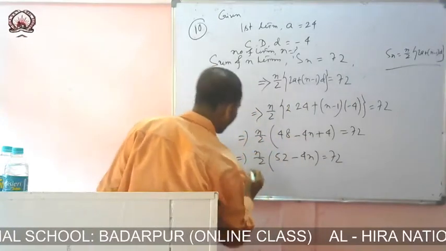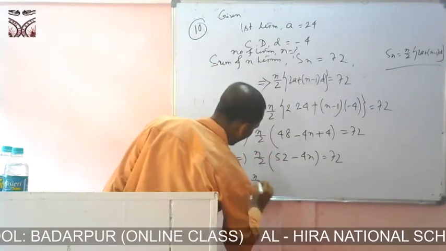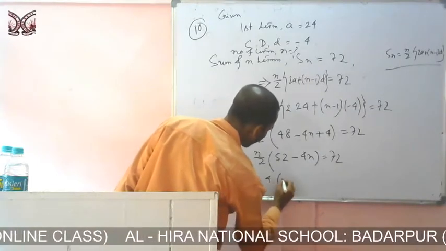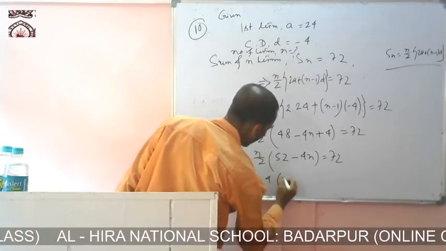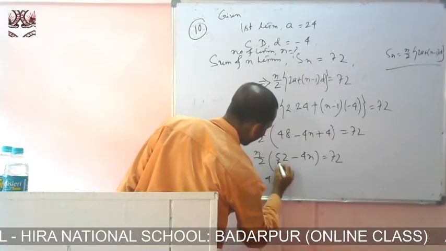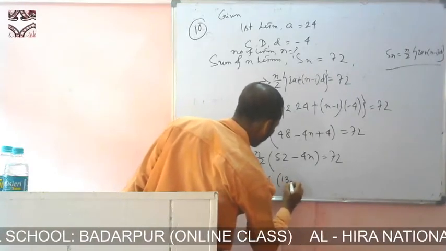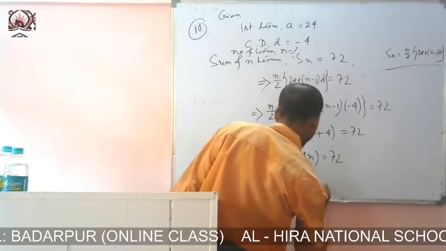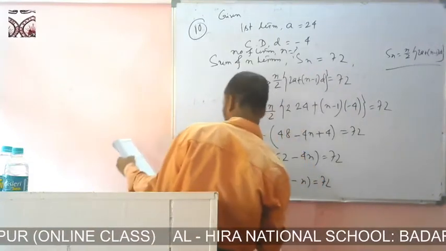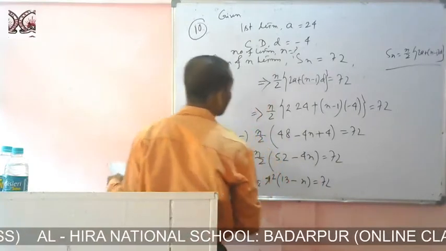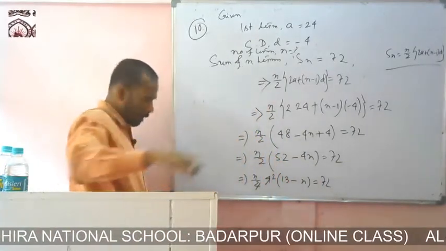If I take 4 common from the bracket, 4 into 13 minus n is equal to 72. Then 2 and 4 we may cut, so it is 2.